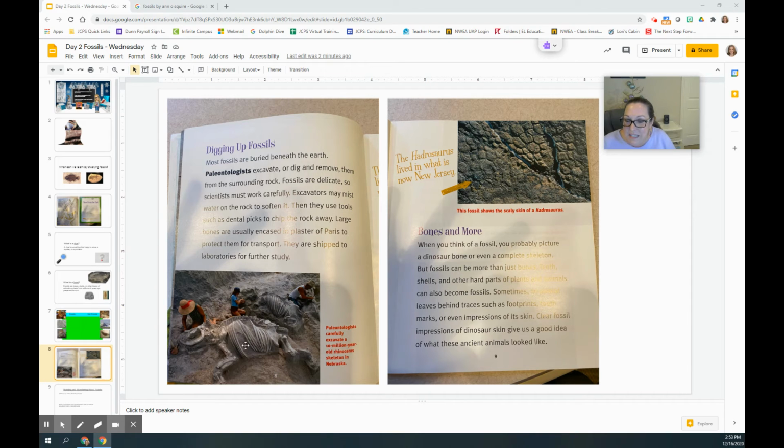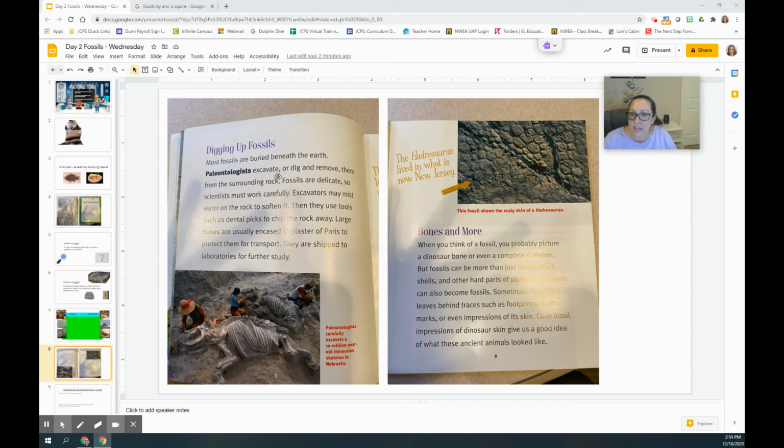I wouldn't know what that was, and I wouldn't know what they were doing. They excavate this fossil. And when you excavate, that's when it says here in the text, when you dig and remove them from the surrounding rock. So look at all that information that was just in that little tiny caption right there.